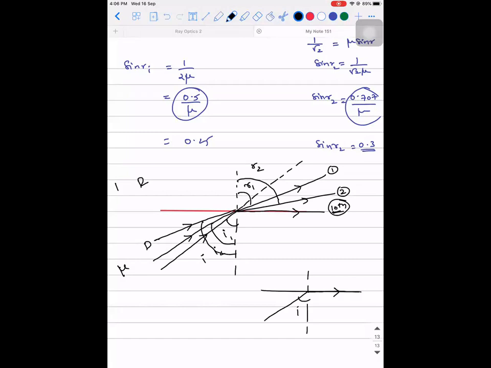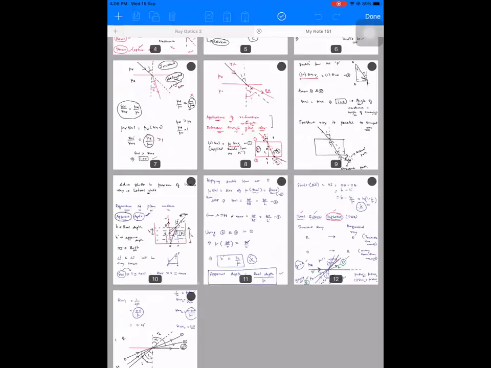Why is it happening? It is purely happening because the ray is getting bent in the clockwise direction. Tell me yes or no. Right?